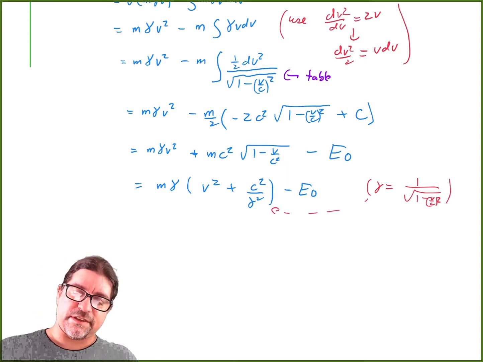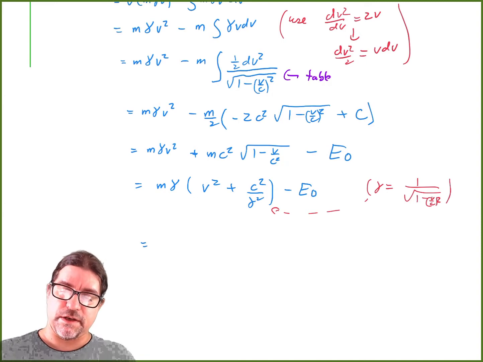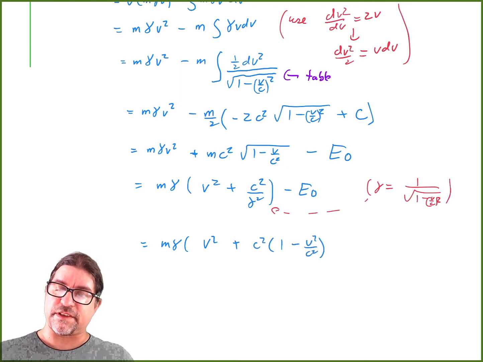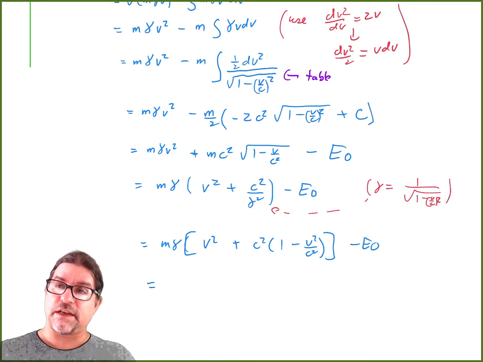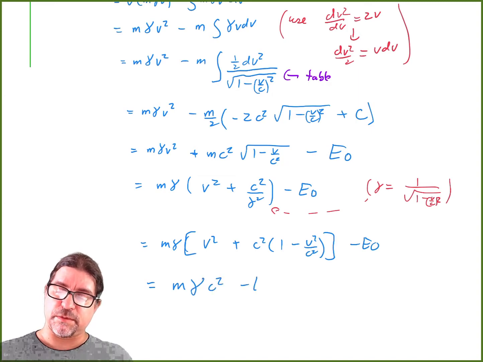And so this ends up becoming m gamma v squared plus c squared times 1 minus v squared over c squared, because that's a gamma squared, minus epsilon naught. And you notice that this v squared will cancel out this minus v squared, because that c cancels out that c. And what do I end up with? I end up with m gamma c squared minus epsilon naught.